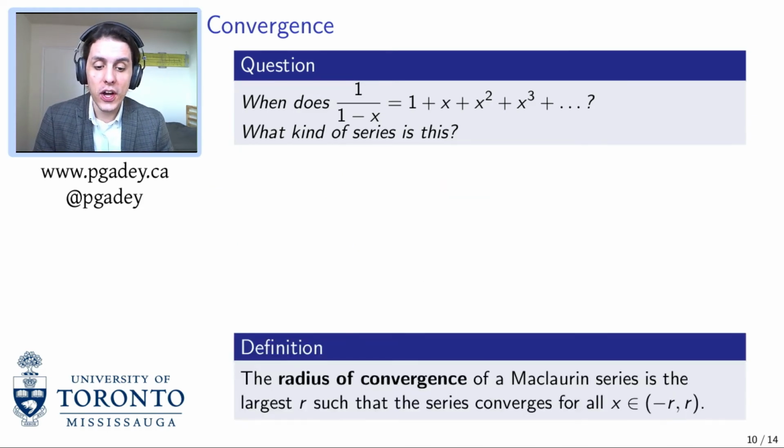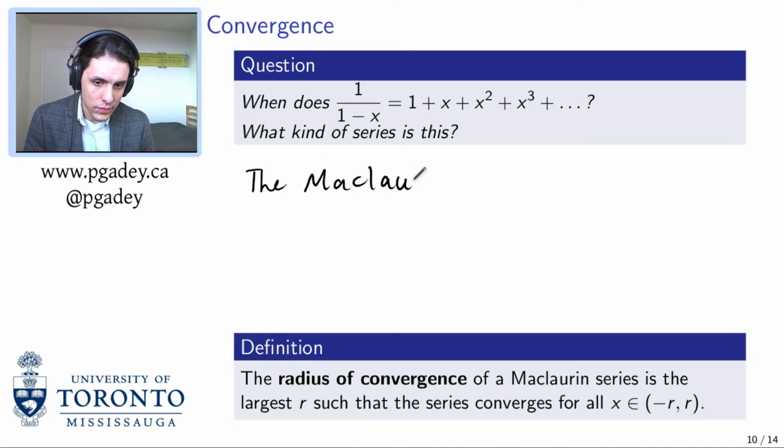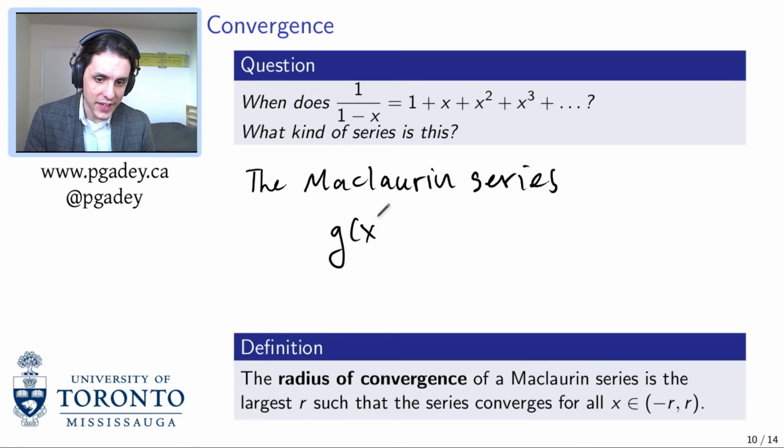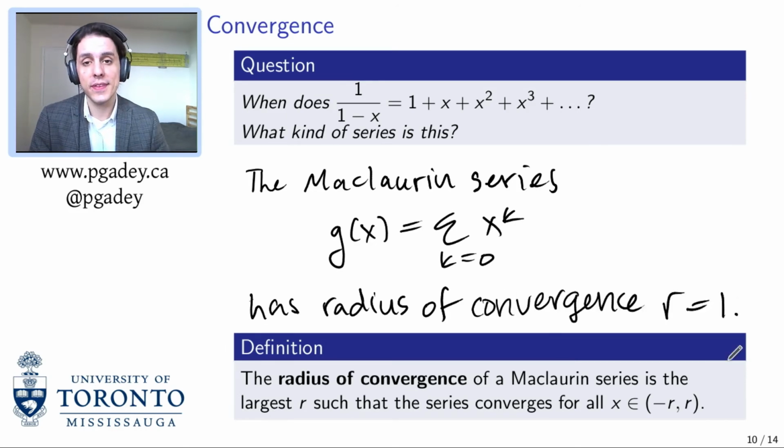It is the largest R such that the series converges for all x in -R to R. So we can say the Maclaurin series g(x), the sum of x to the k, has radius of convergence R equals 1, because the series converges for all values inside the interval -1 to 1.